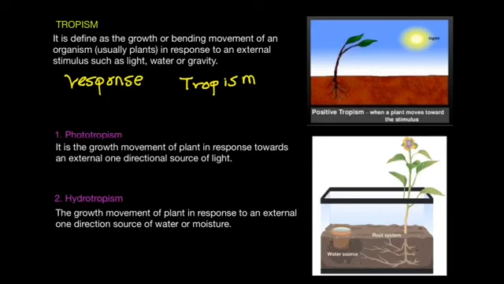Alright, so let's look at the definition of tropism. Tropism is defined as the growth or bending movements of an organism, in this case plants, in response to an external stimulus such as light, water, or gravity.